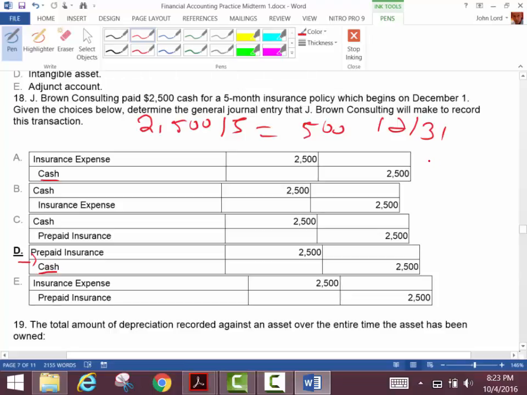Debit what? Debit insurance expense for how much? 500? And credit the prepaid, right? For 500? So if I asked you what's the balance in the prepaid insurance account at 12/31, what would you say? It's going to be down to $2,000, isn't it? Right?